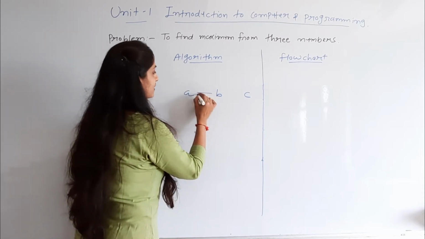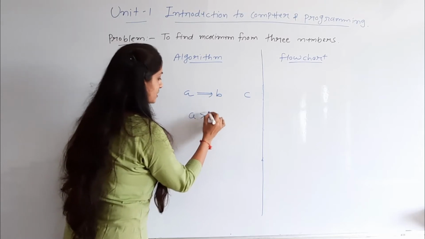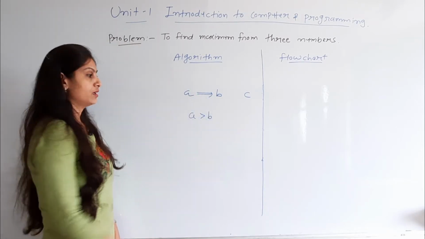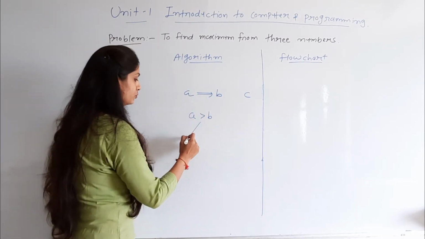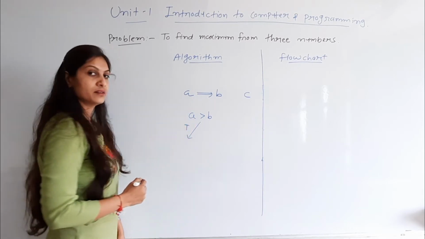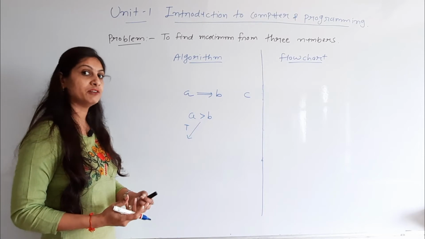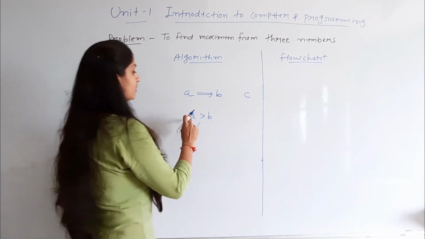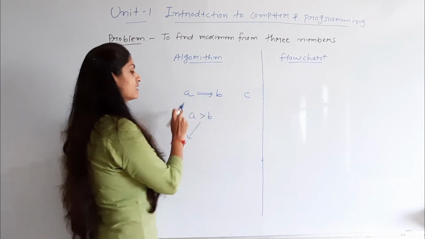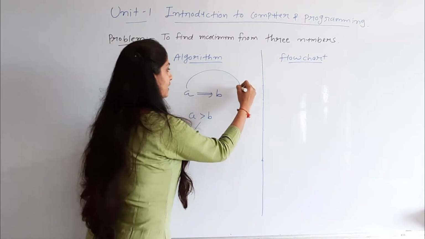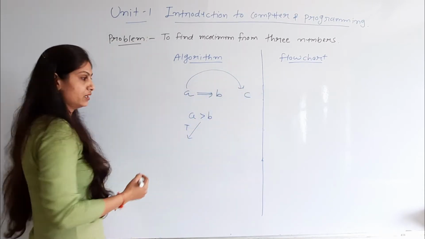Now first check these two with the condition A greater than B. If this condition is true, that decides C is max? No. Again we have to compare it with a third one. So if A greater than B means A is max, so check it also with third number, that is C.